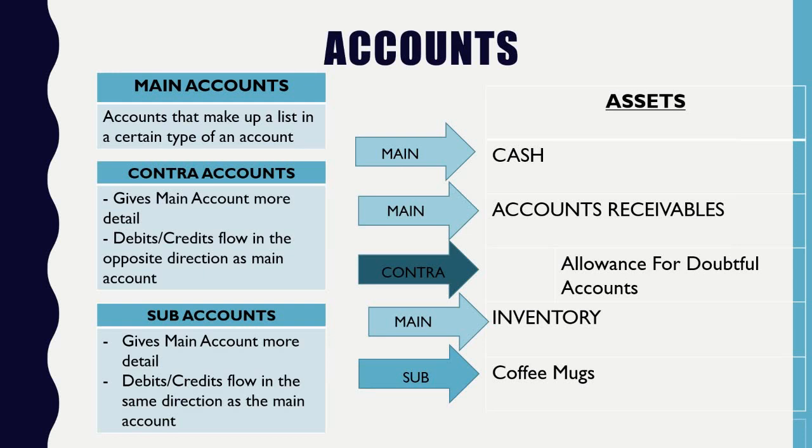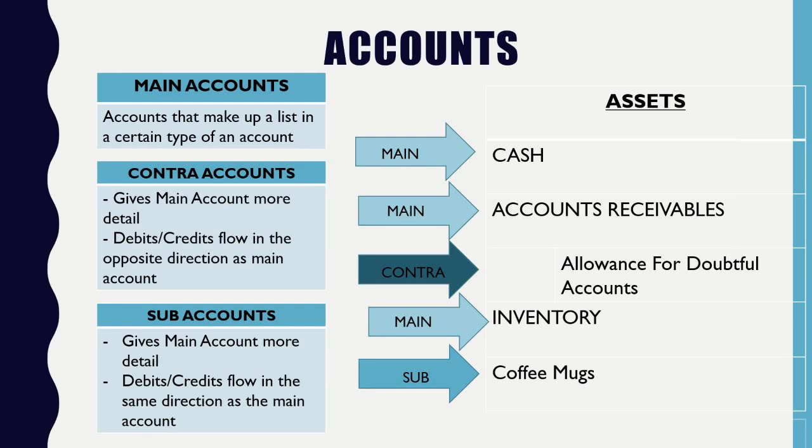Let's say an asset is my account type. Cash is something I own. Accounts receivable is also money that I own. Inventory, you're going to learn, is something that you own. So this breaks down the account type by associating things that you own.